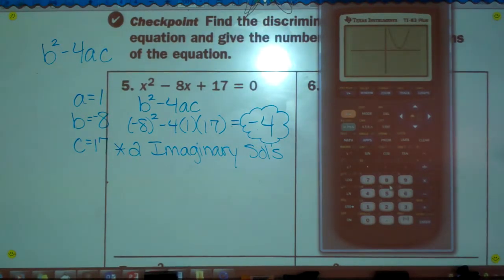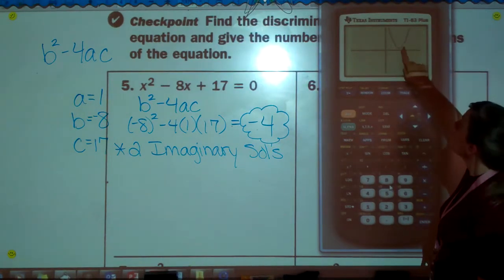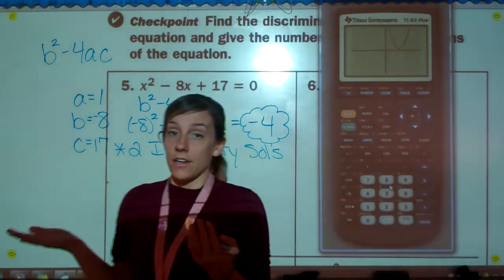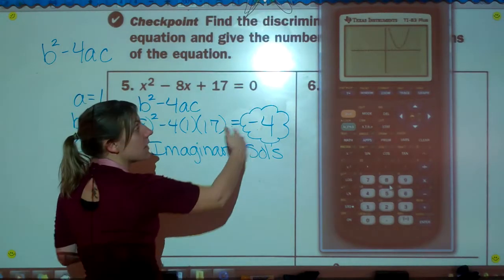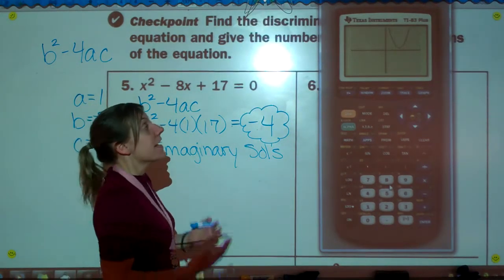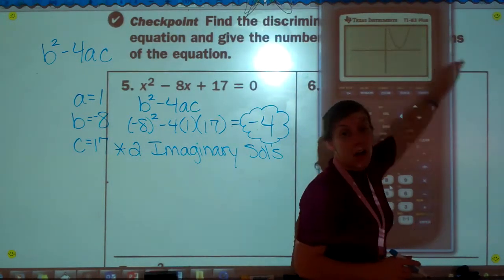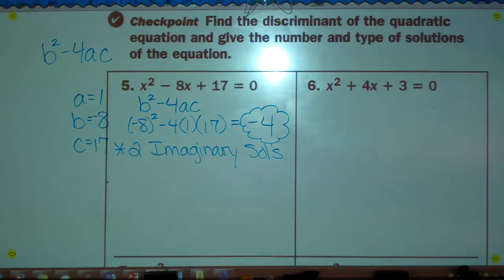If you notice, it does not cross the x-axis. So if you see that it does not cross, then you automatically know it's imaginary. Even though we were able to get a number and a solution, it's an imaginary solution because it doesn't touch our x-axis. So that's just proof as to what we're talking about.